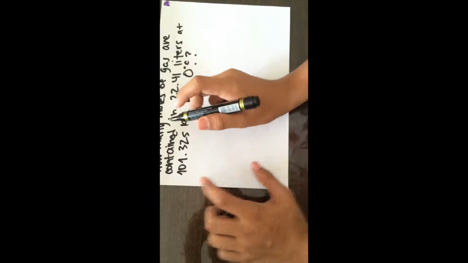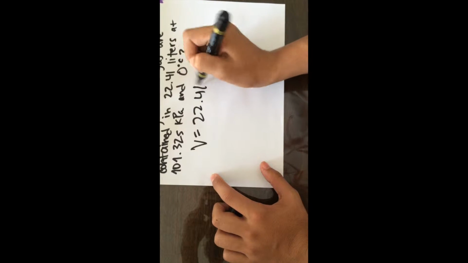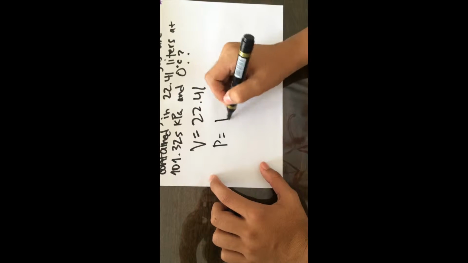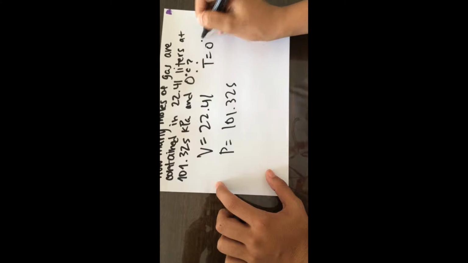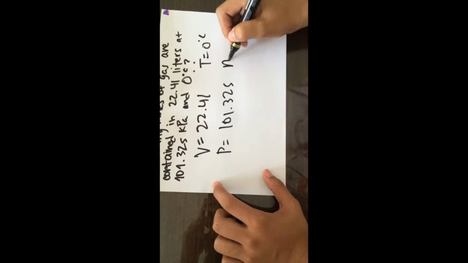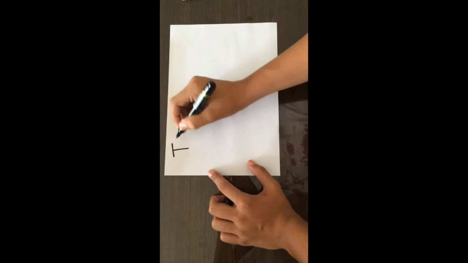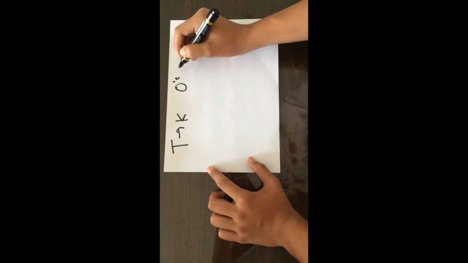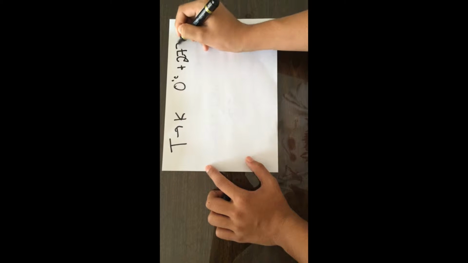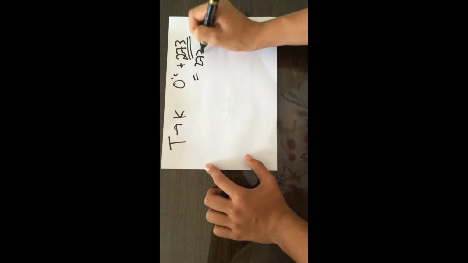First, we're going to start off replacing the variables, where V equals 22.41, P equals 101.325, T equals 0, and n, which is the number of moles, is the unknown. We have to convert the temperature into kelvins, which is 0 plus 273, equals 273 kelvin.